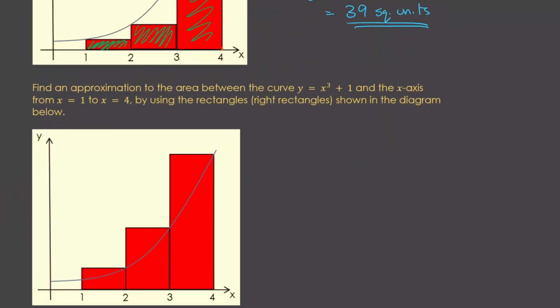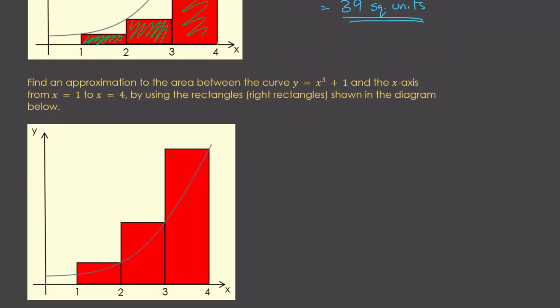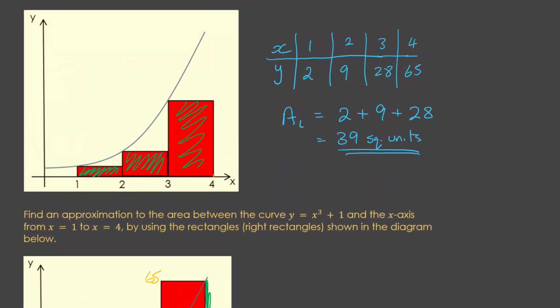Okay, so now we're going to find an approximation using right rectangles. And the reason these are right rectangles is because the height of each rectangle is the height of the curve at the right-hand end of the rectangle. So we can see that this first rectangle is going to have a height of 9. Then the next one would be 28, and the next one would be 65, just using the values from the table up here.